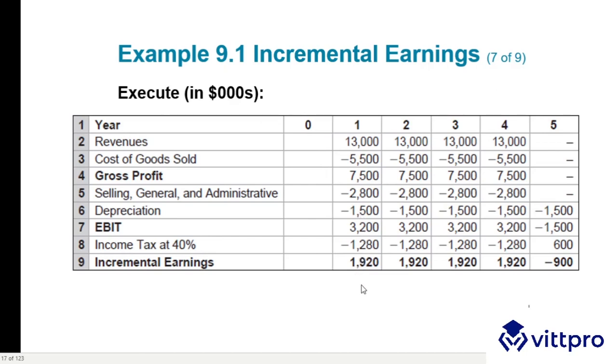So it will be 3.4 million, 3.4 million, 3.4 million, 3.4 million, and plus $2.4 million in the last year, because you assume the $600,000 can be used against other tax liabilities of the company. So this is how you will calculate the incremental earnings.